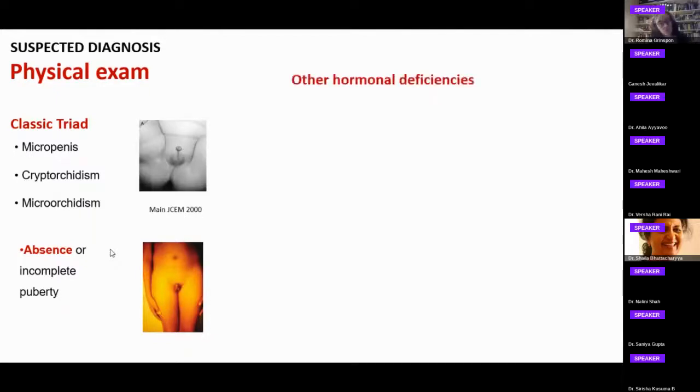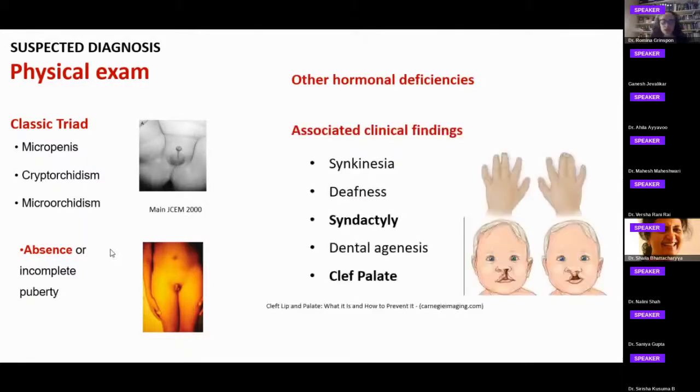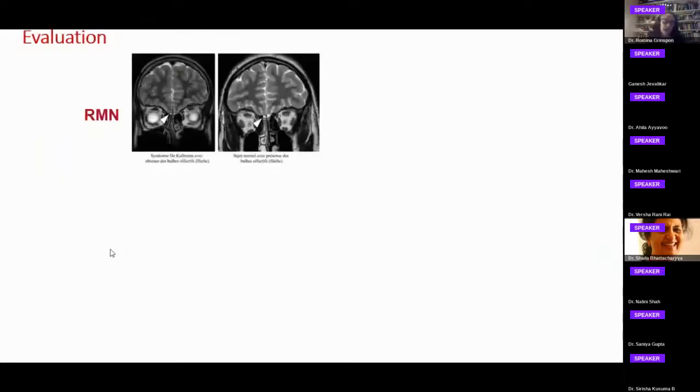We have to look for other hormonal deficiency, and also we have to look for associated clinical findings like synkinesia, deafness, syndactyly, dental agenesis, cleft palate, and others. A central nervous system MRI with a special coronal section is useful to identify aplasia or hypoplasia of the olfactory bulbs and sulci.